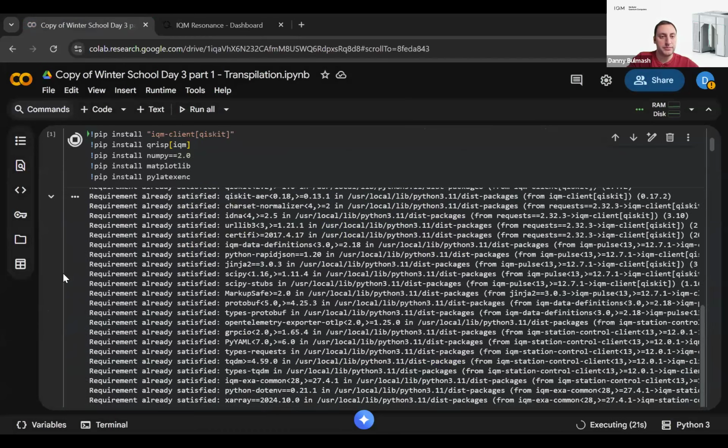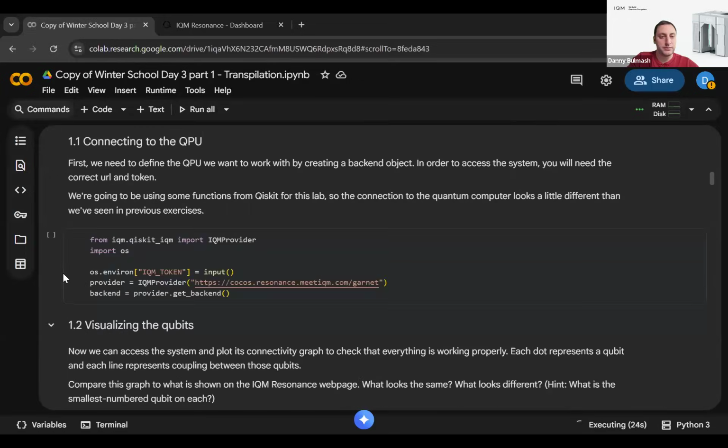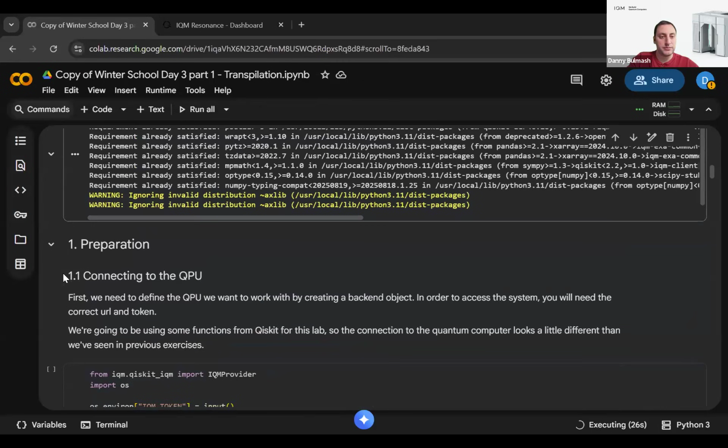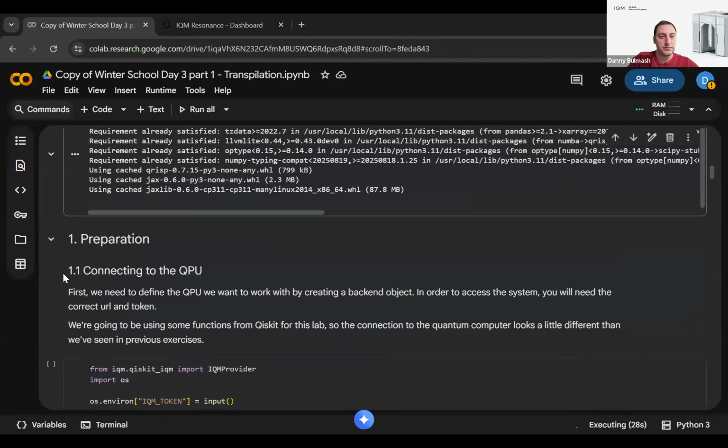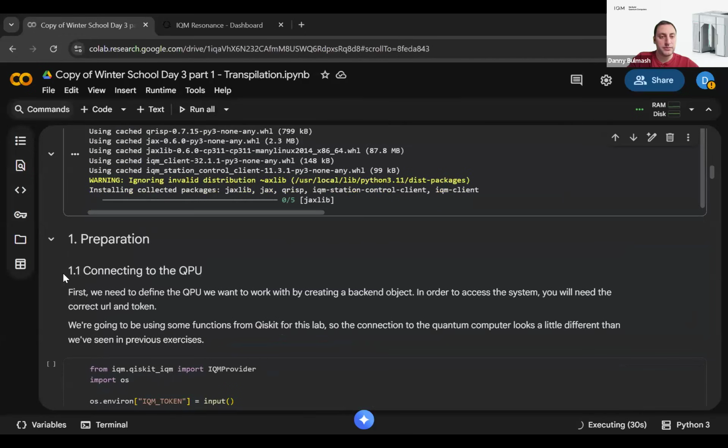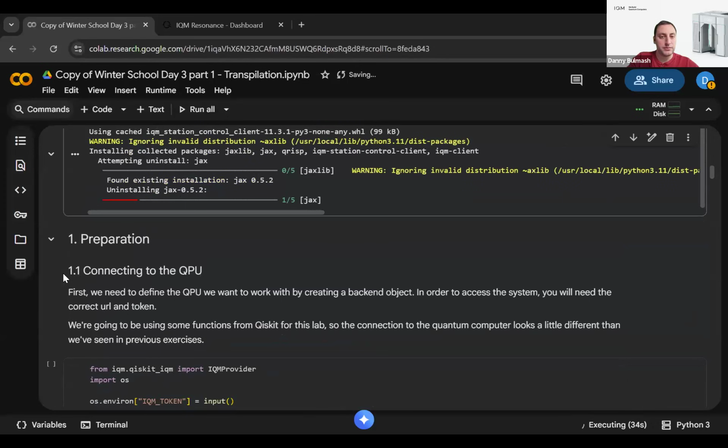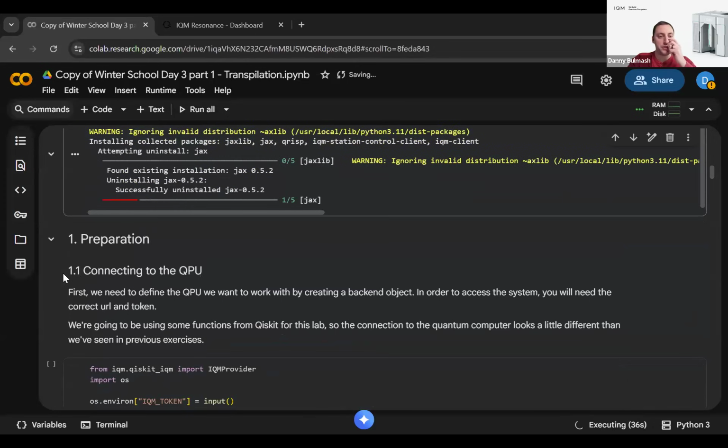There we go. Just got a few more packages to install, and then we'll be ready to go.